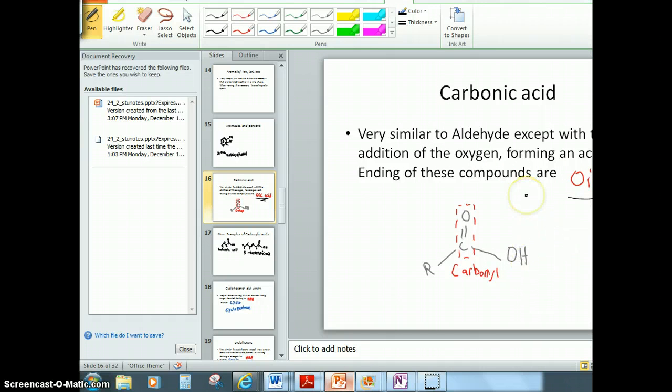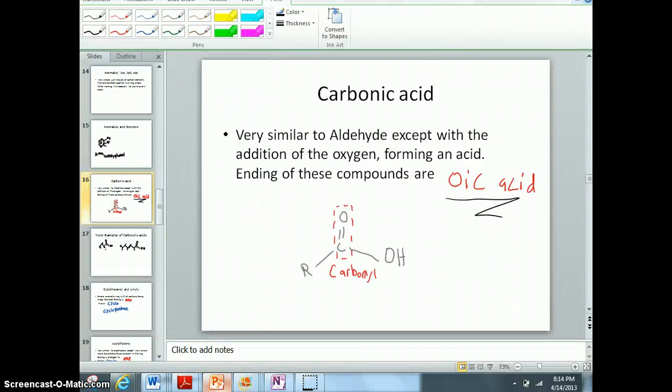And now to take a look at the actual carbon right here. This right here, and this is common in a lot of other functional groups, is what we call our carbonyl. And so we have our carbon double bonded to our oxygen, and then we have our alcohol right over here, and since it's combined we call it a carboxylic acid.